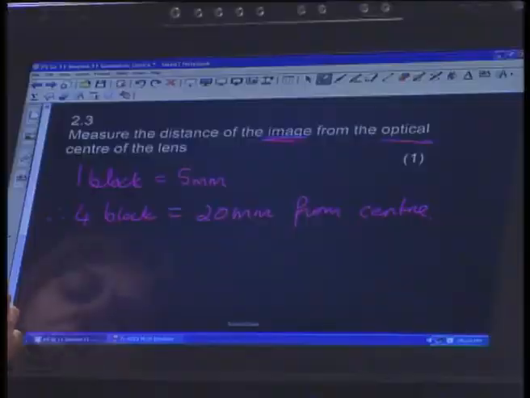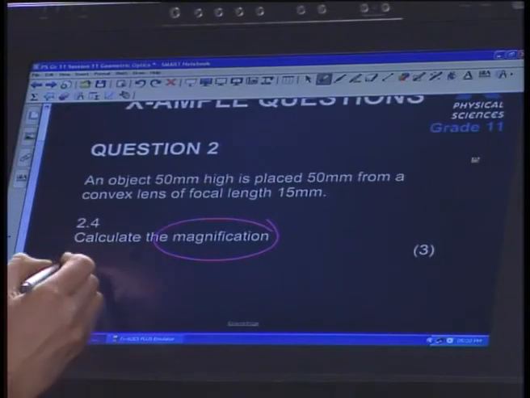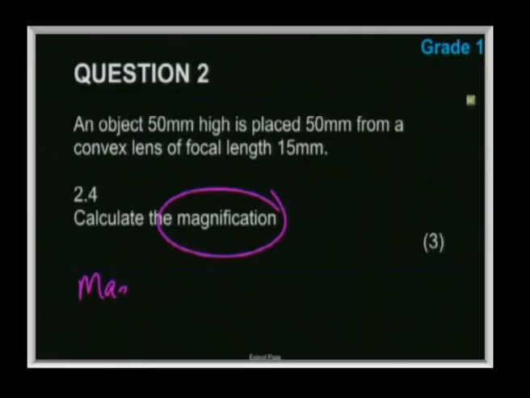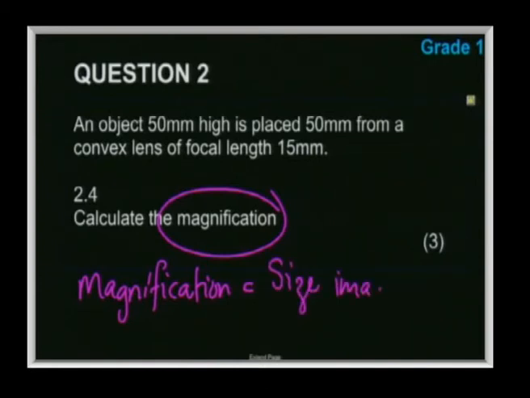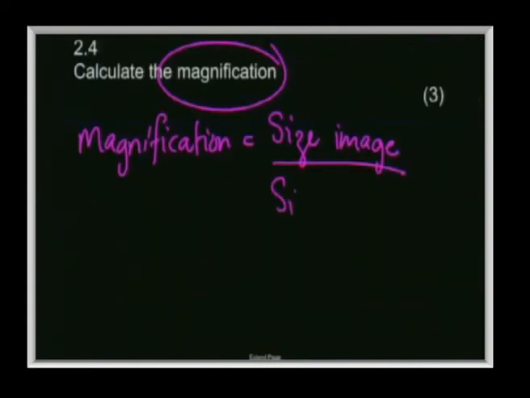So if we go and we look over here, next slide, you're going to say that the magnification is equal to the size of my image over the size of my object. The size of my image, we just worked that out.